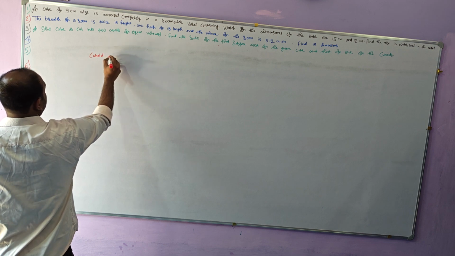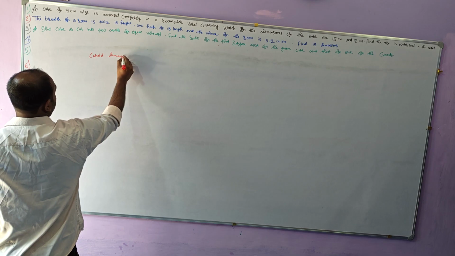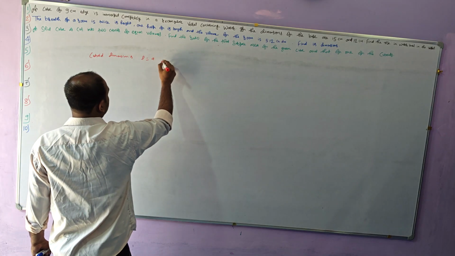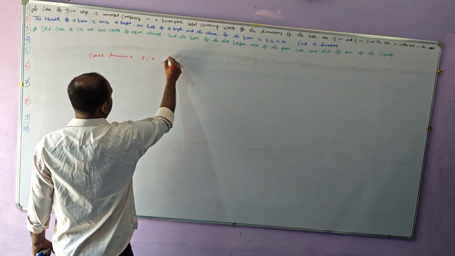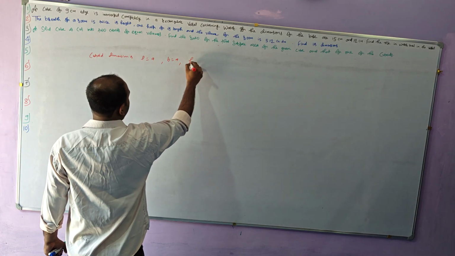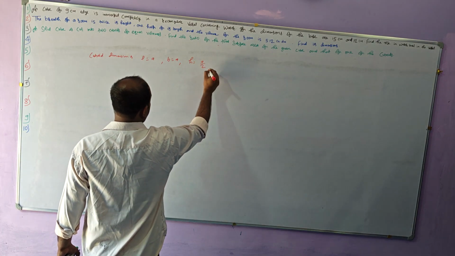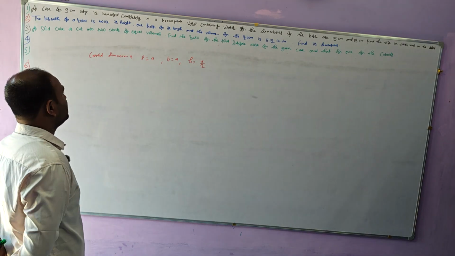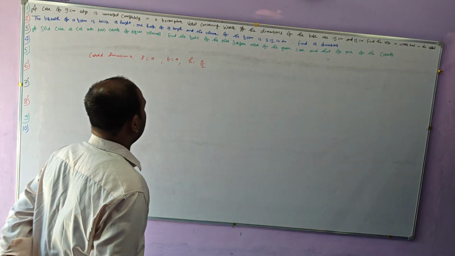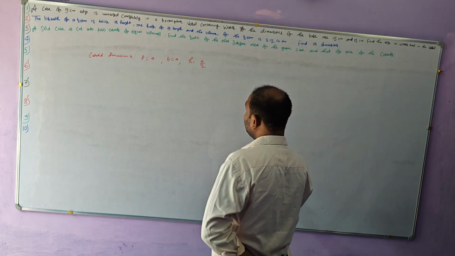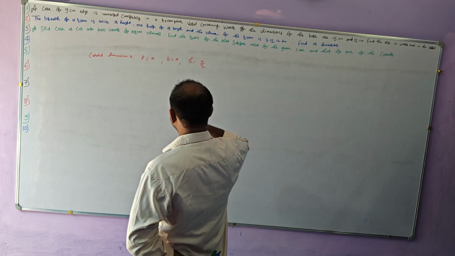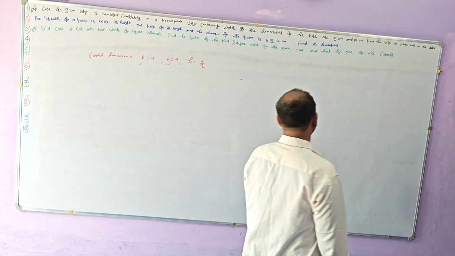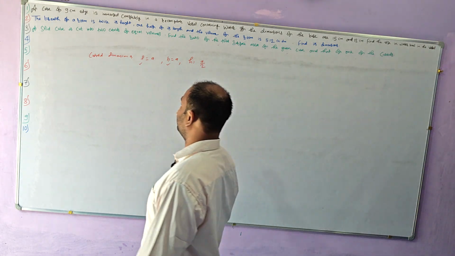The cuboid dimension is what? L is equal to A, B is equal to A, and just H is equal to A by 2. Just we cut half of the height, so we get a proper figure of a cuboid. Otherwise, even if there is a slight change between length and breadth, we can't get a cuboid of the same volume.